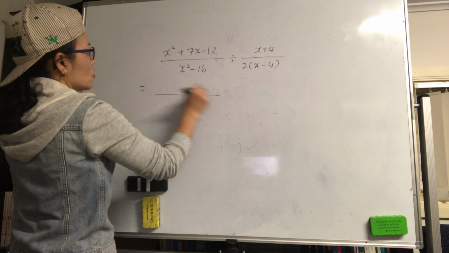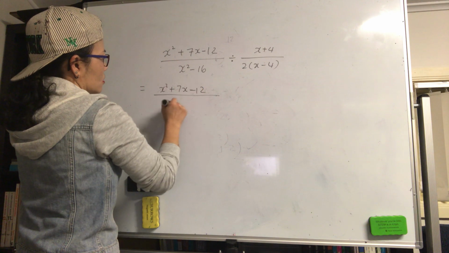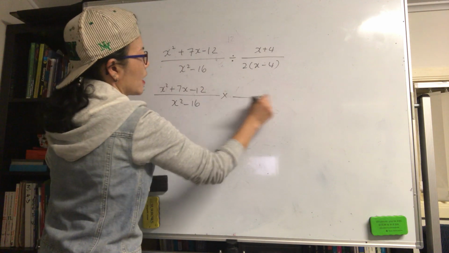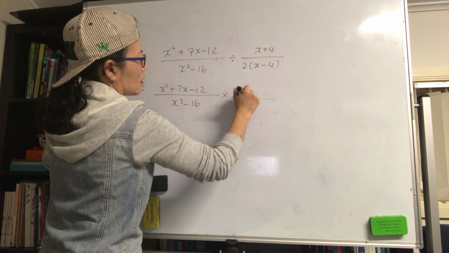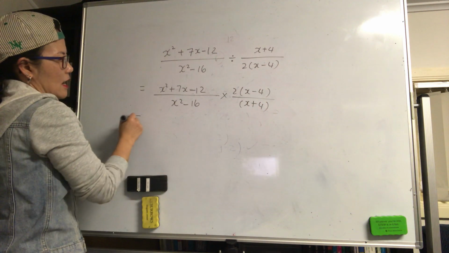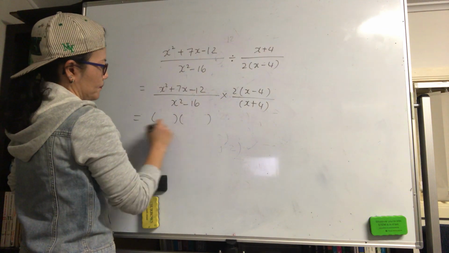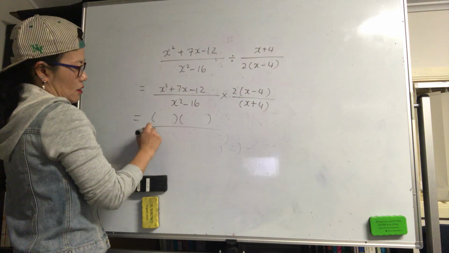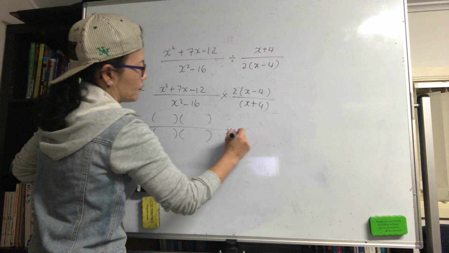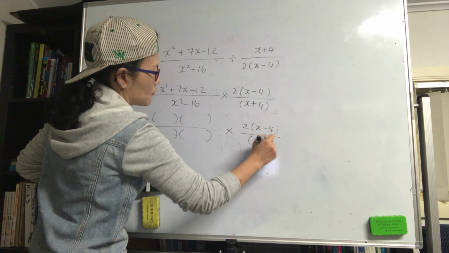So what I'm going to do here is x squared plus 7x plus 12 over x squared minus 16, times, it flips, 2x plus 6 over x plus 4. Okay, now this one is monic. It's easy to factorize, isn't it? And this is a difference of two squares. So I'm going to set up like this before I start.